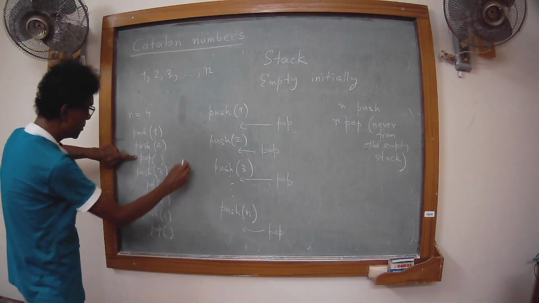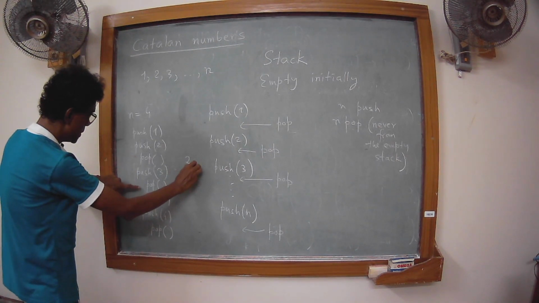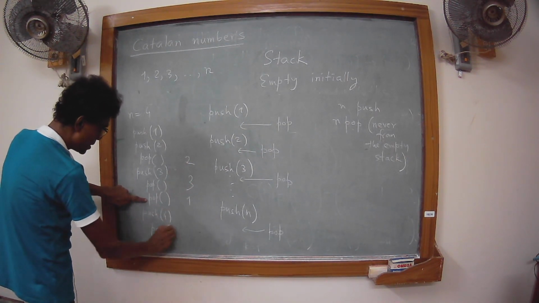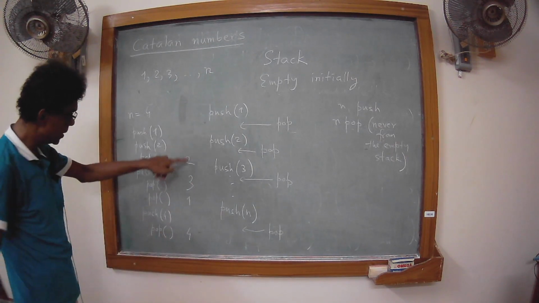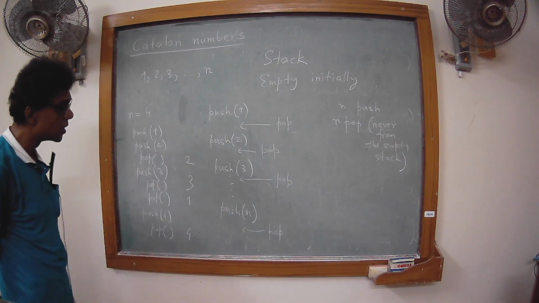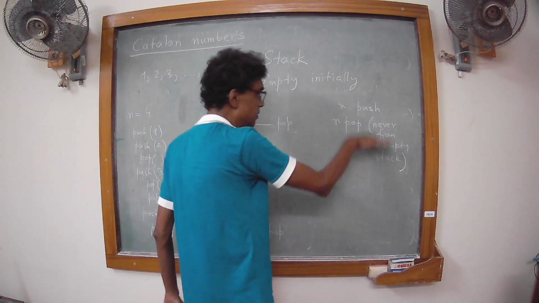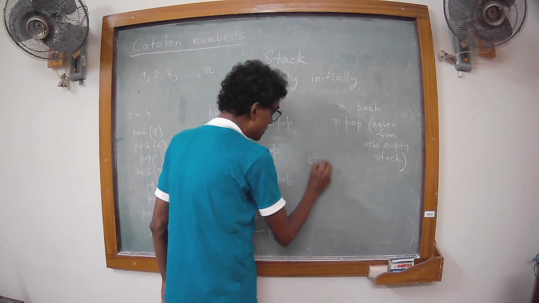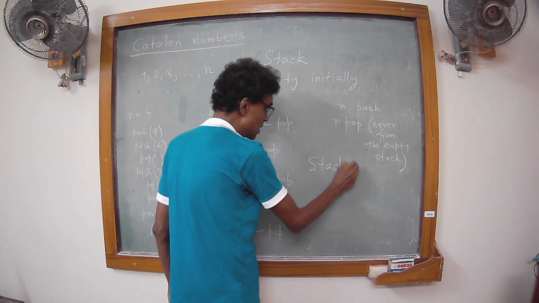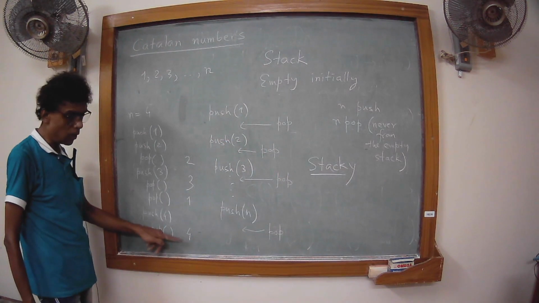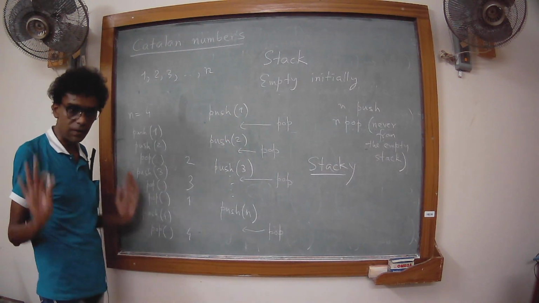So, the first thing that is popped is 2, next one popped is 3, then 1, finally 4. So, this sequence 2, 3, 1, 4, whatever sequence you get by following these rules, let us call them stacky. So, 2, 3, 1, 4 is a stacky sequence.